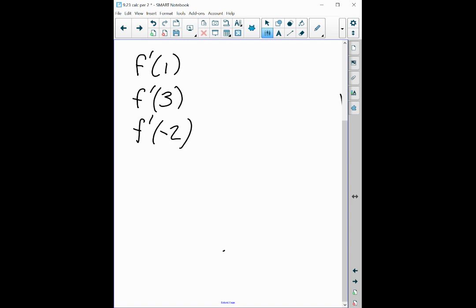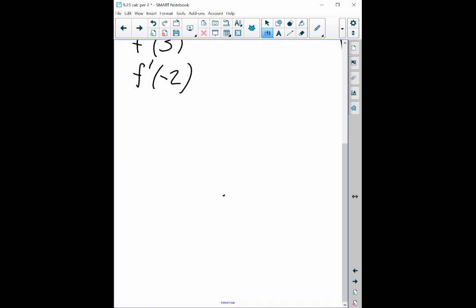In other words, what if we turn the derivative into a function itself, where I input x values and the outputs are the slope at those points for a given f of x? That is 100% possible.